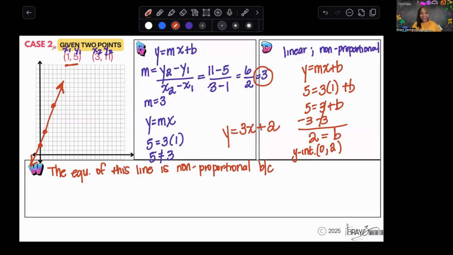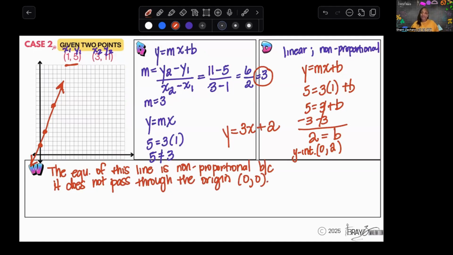It does not pass through the origin. Because it does not pass through the origin. What is the origin? 0, 0, period.